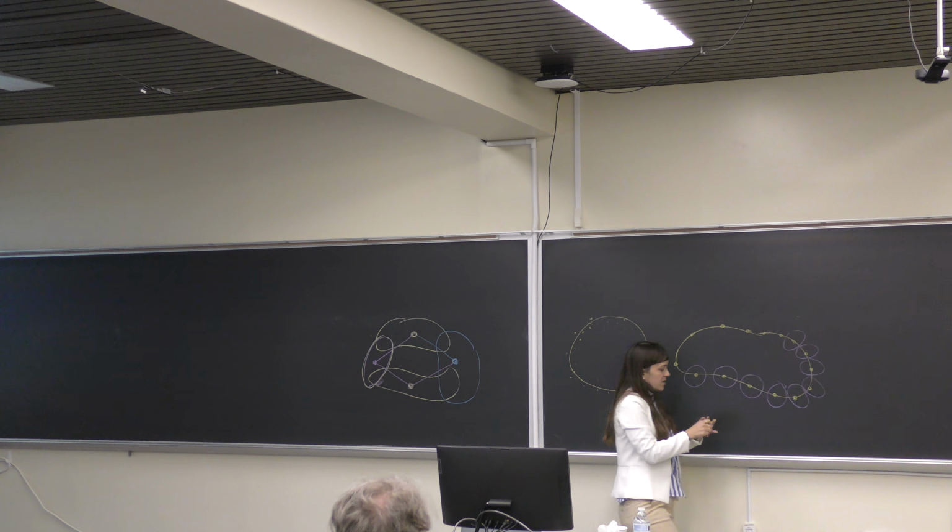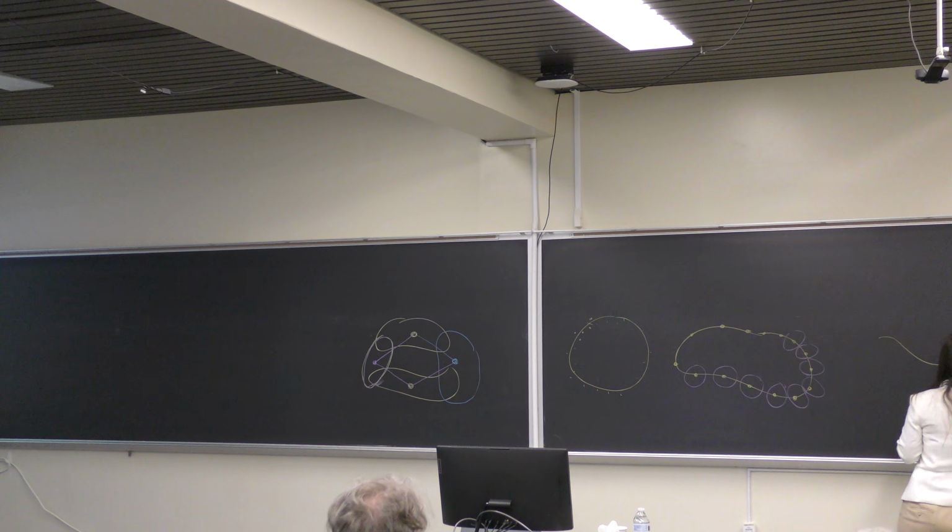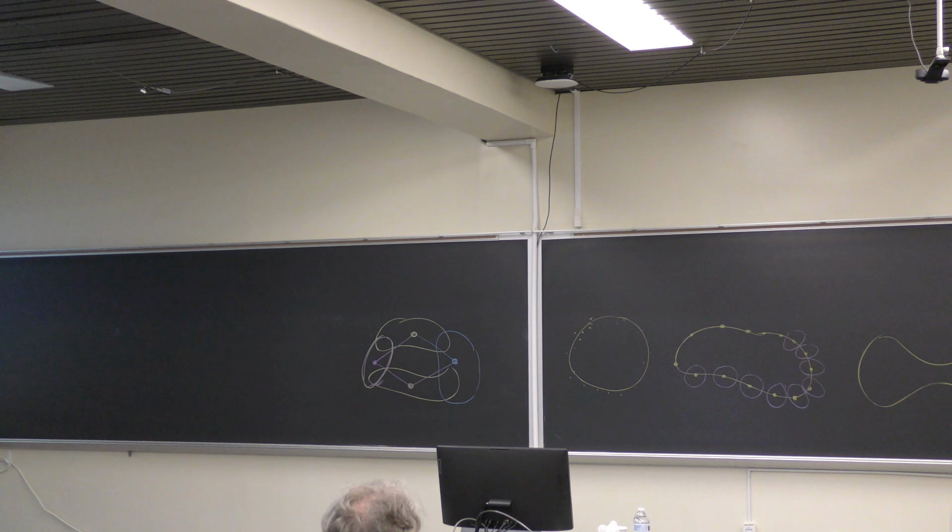And if I have something like this, if the balls are too small, I don't have enough data to reconstruct the manifold. If the balls are too big, then I can have this issue with bottlenecks of this type.